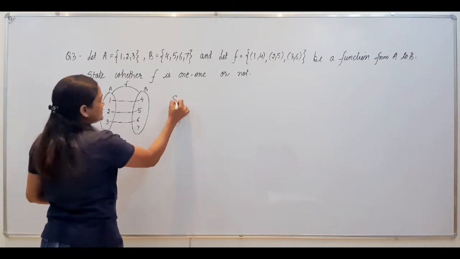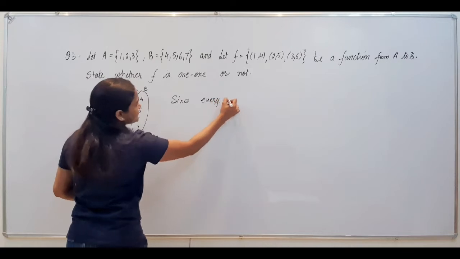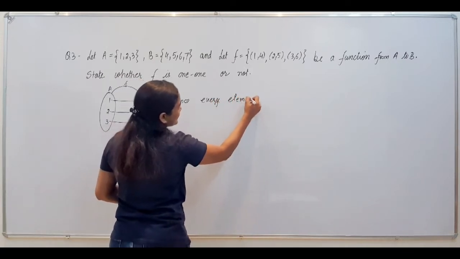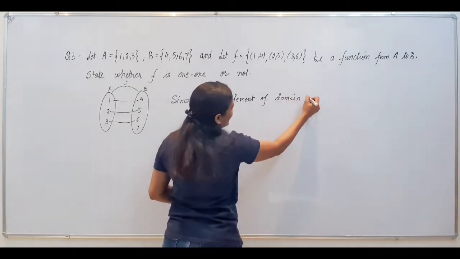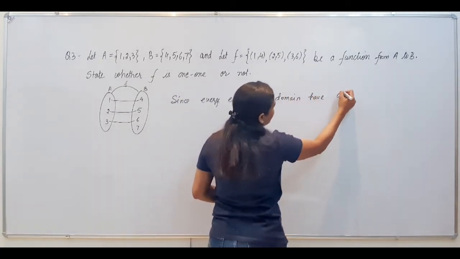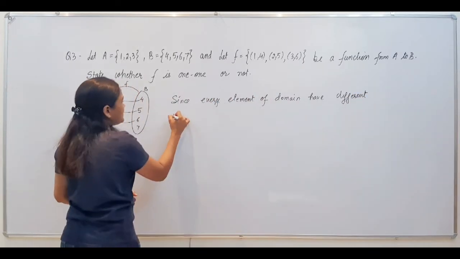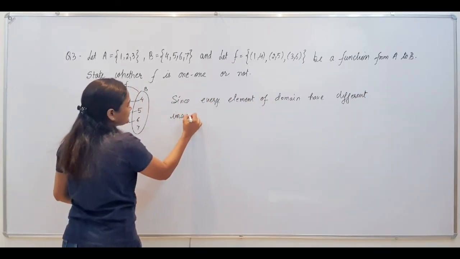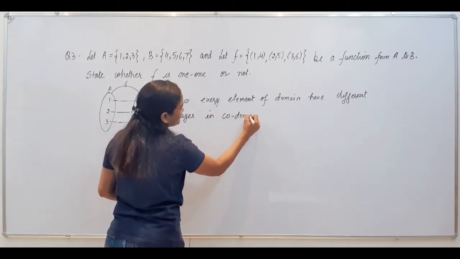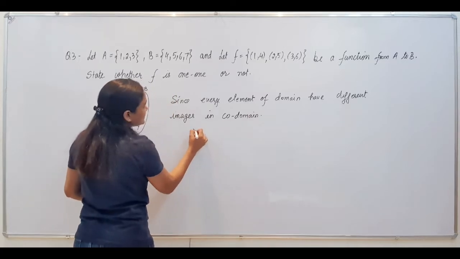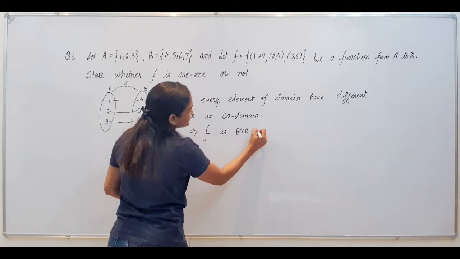That implies, since every element of domain have different images in codomain, that implies your function f is 1-1.